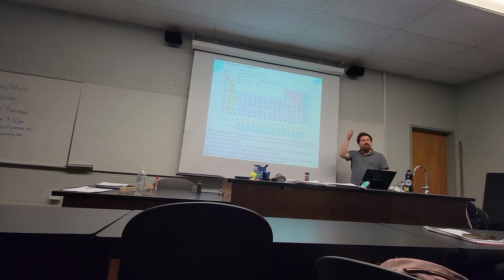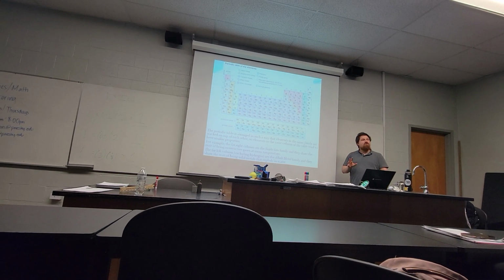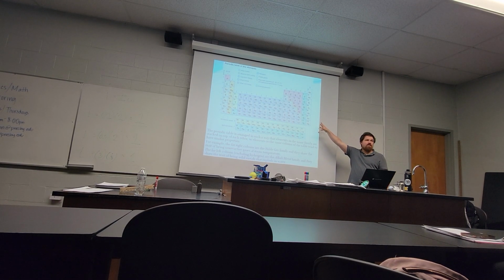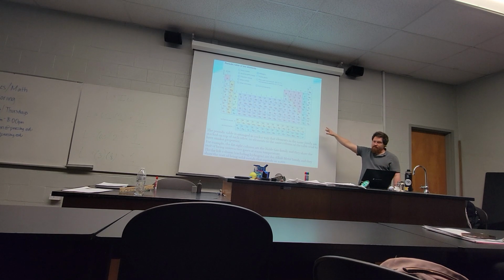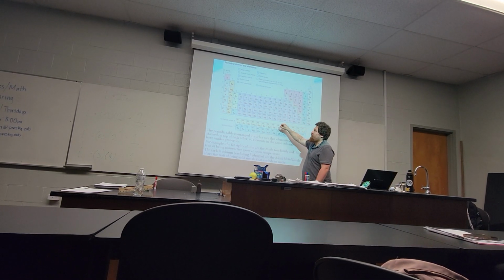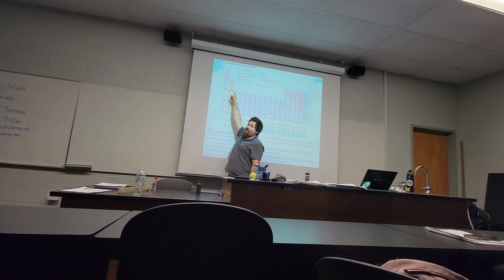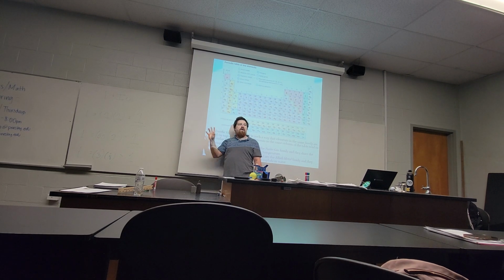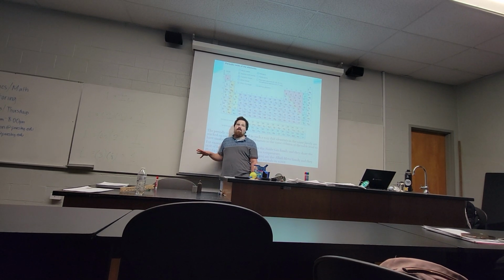So elements that are vertically aligned usually are pretty similar to one another, and that's why the columns are color-coded by column for the most part. There's a few exceptions to this rule, though. Hydrogen may live on top of lithium, but hydrogen and lithium do not have the same properties. They're separate families, and that's why they have a separate color code. Hydrogen lives by itself. There's nothing in the universe with the same properties as hydrogen.